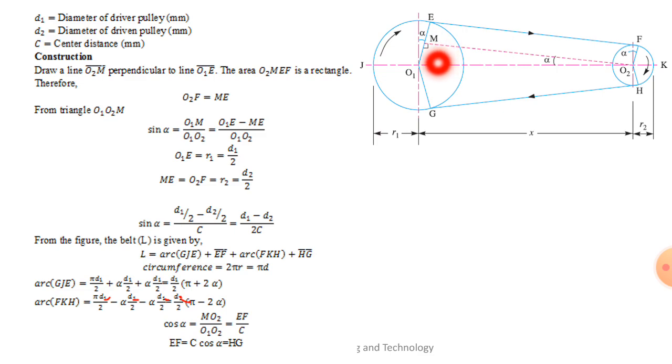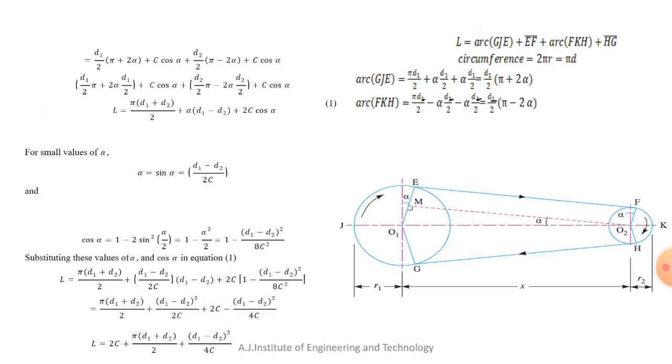So MO2 is nothing but EF. So EF can be written as C cos alpha. EF is nothing but HG, because the same construction can be drawn on the bottom side also. So EF equals HG.